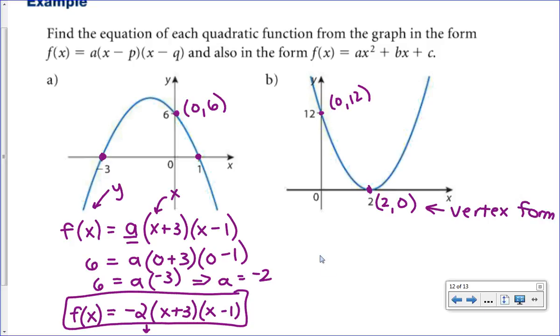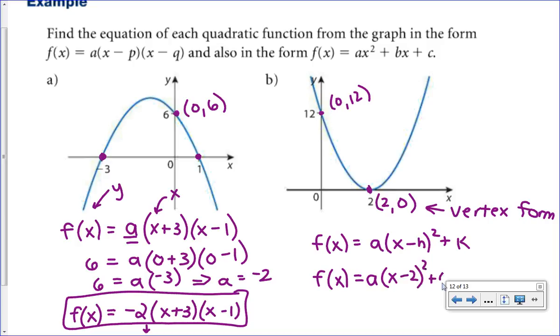I could start from vertex form, which is going to be a times, remember this is (x minus h) squared plus k, where h and k are the vertex. a I don't know from looking at the graph, but I do know that x minus 2 plus 0, because that's the vertex. Now, because it says plus 0, I don't really need to include that.